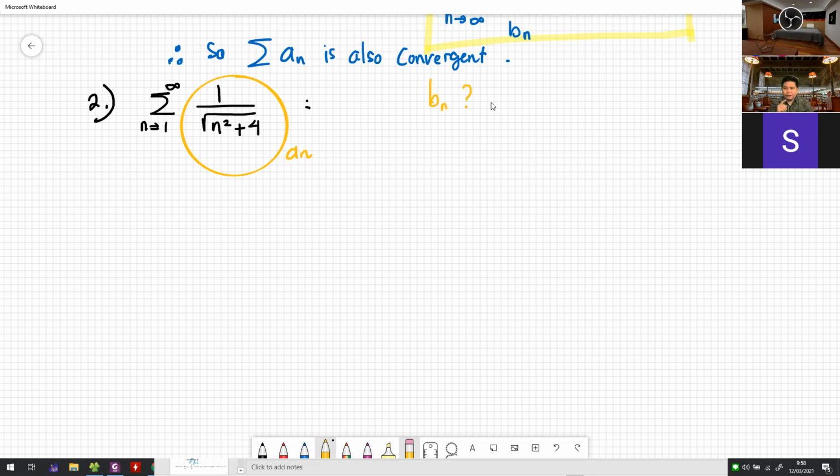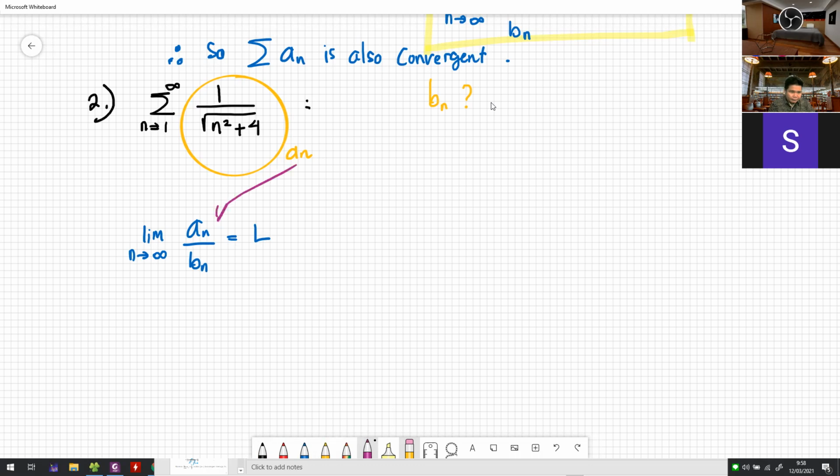We will use the limit comparison test. So what are we trying to calculate? The limit of an over bn whenever n goes to infinity, call it L. This is the an, so what is the bn? Remember, choose a simple one.